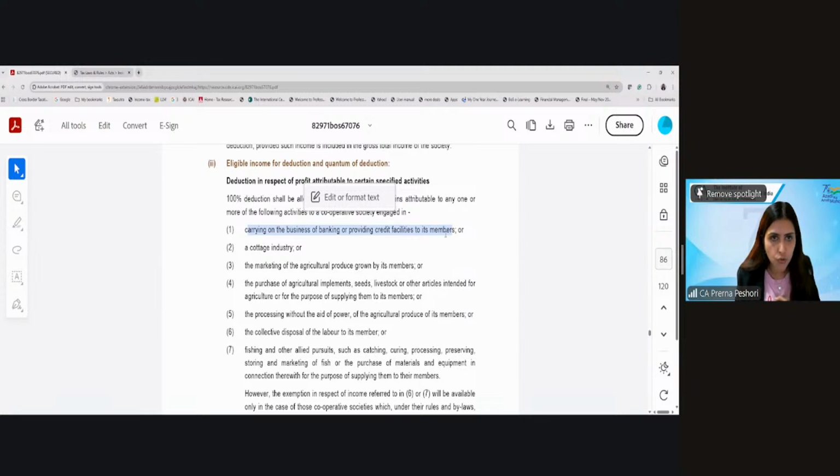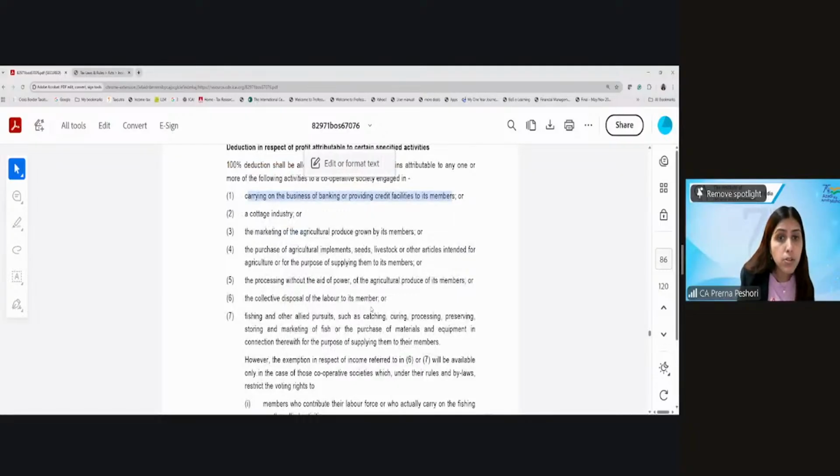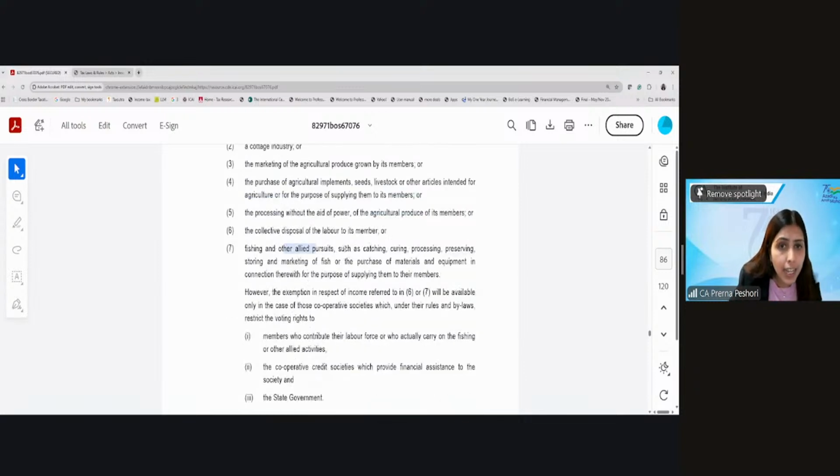A cottage industry which is operating as a cooperative society, marketing of the agricultural produce which is grown by the members, purchase of agricultural produce and livestock for the purpose of supplying to the members, the agricultural cooperative society, processing cooperative society which is processing the agricultural produce without the aid of power, the labor cooperative society which is providing labor to its members, fishing and other allied pursuits.